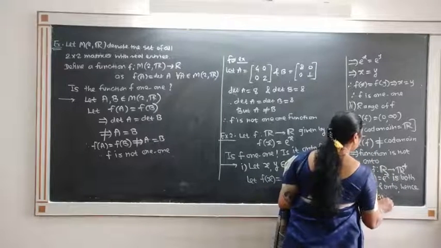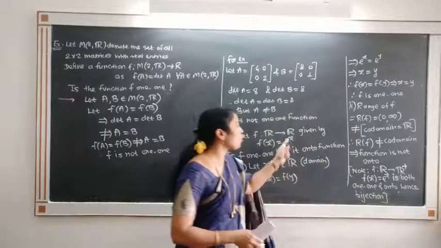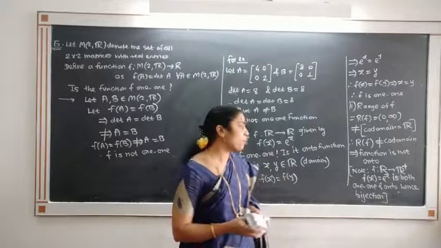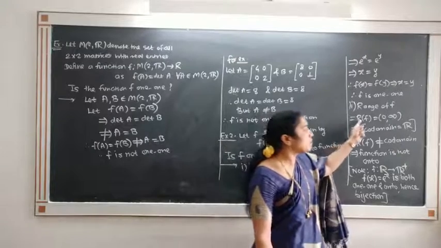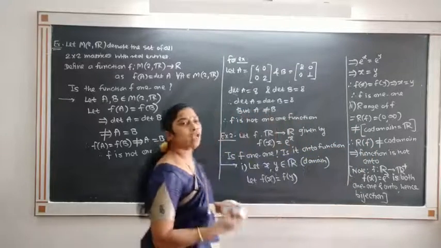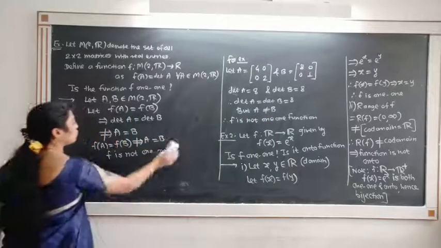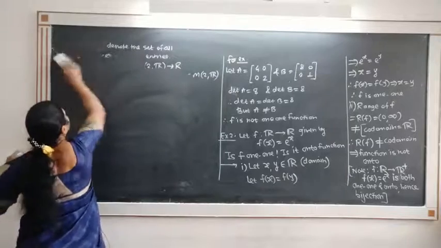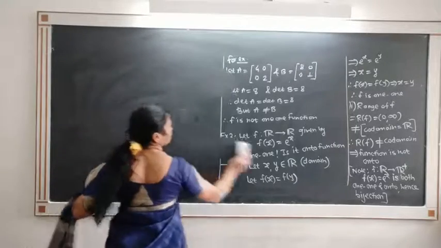So if you only change the codomain, instead of R, to R plus positive reals, then obviously range will be equal to codomain and the function becomes onto, and one-one and onto gives us that the function will be bijection. Consider next example.